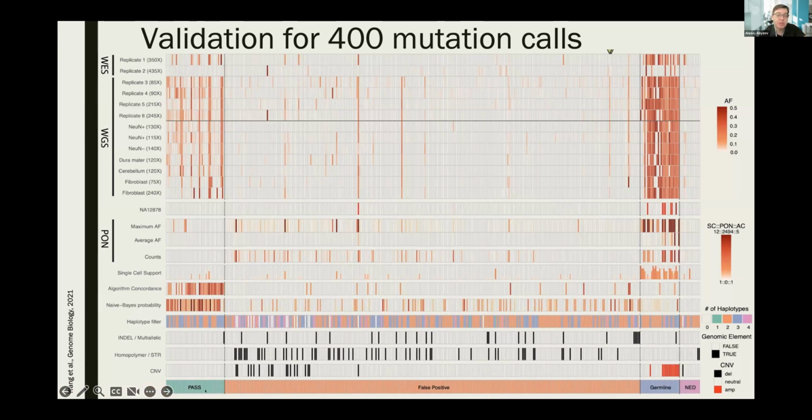Each column here represents a mutation, and each row here represents a different data set. This is from one single brain, which we used as a reference for all our analysis and testing. What you can see is that if there is a real mutation, it's very reproducible from different data replicates.